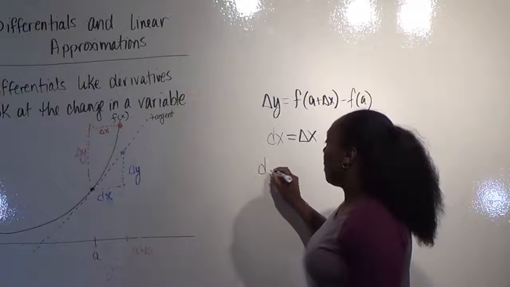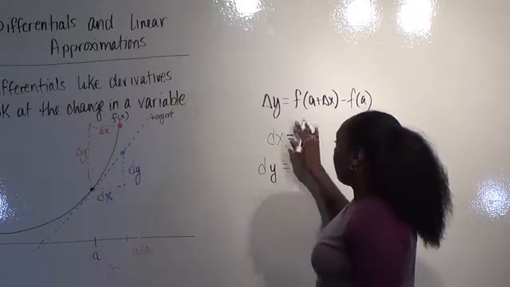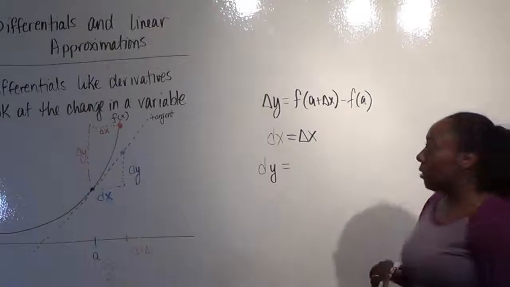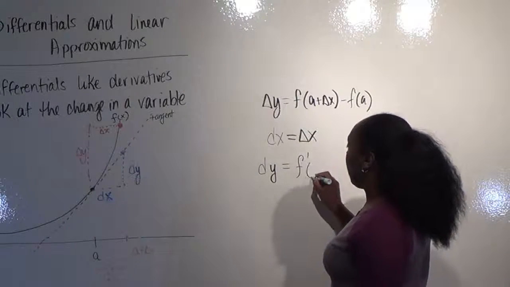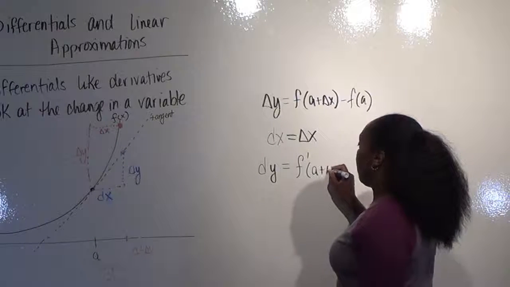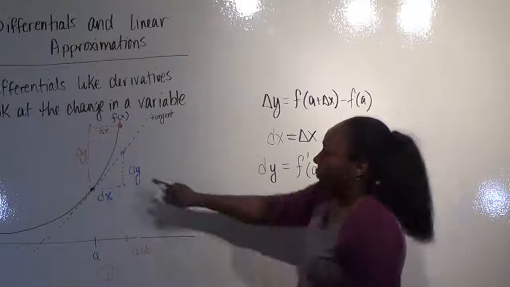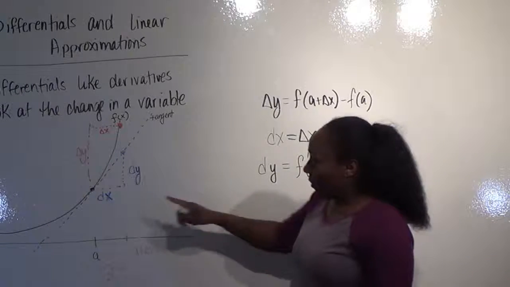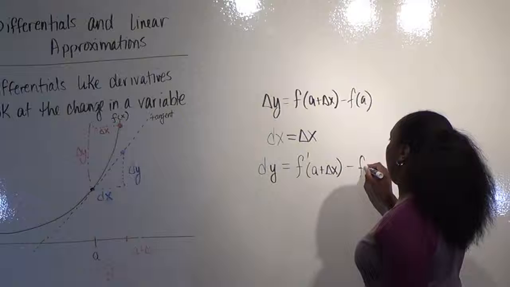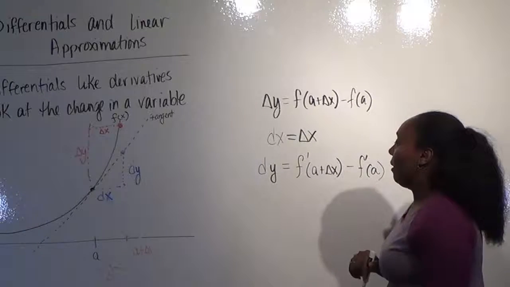The first is that dy, if we're going to calculate it like we did our delta y, is on our tangent line, which means it's going to be the derivative at a plus delta x, so that point there, minus the derivative at a.